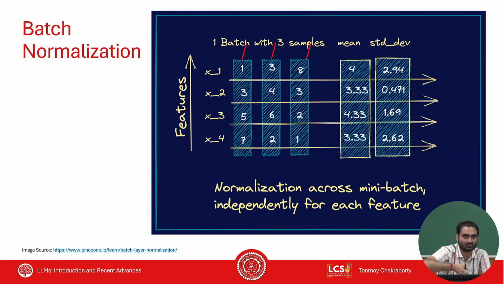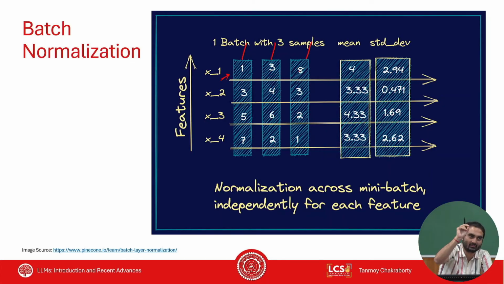This is the first training instance, second training instance, and third training instance. So the column indicates a feature vector. In batch normalization, you take every element of the vector. Let's say you focus on the first element: the first element of the first vector, the first element of the second vector, and the first element of the third vector.